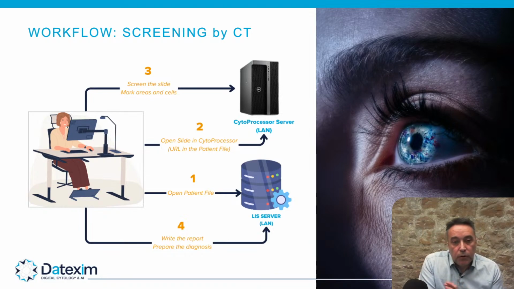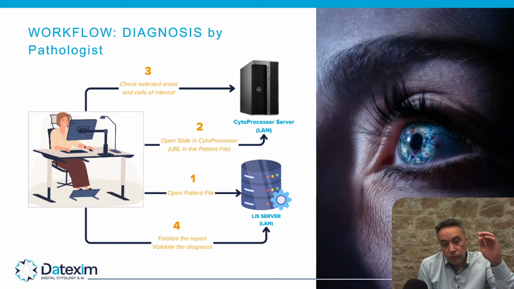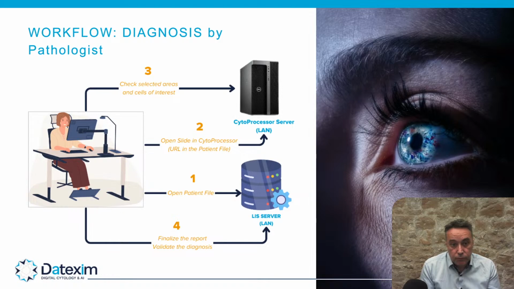So that is the work of the cytotechnologist, and the pathologist will also open the LIS, look at their work list, so all the suspicious cases, and open the patient file. Once again, there will be a link to open the slide in CytoProcessor, and this time the pathologist will first check the areas of interest, the clue zones, already selected by the cytotechnologist.